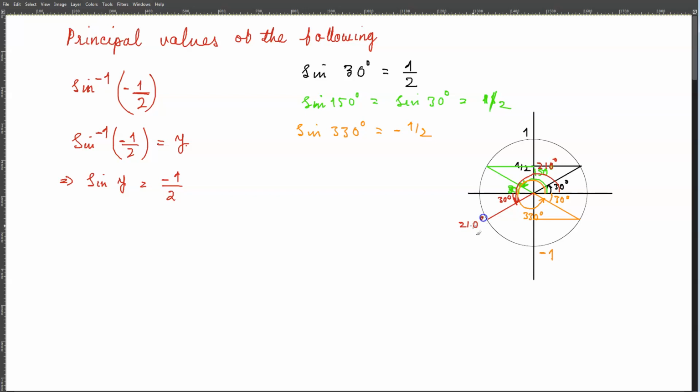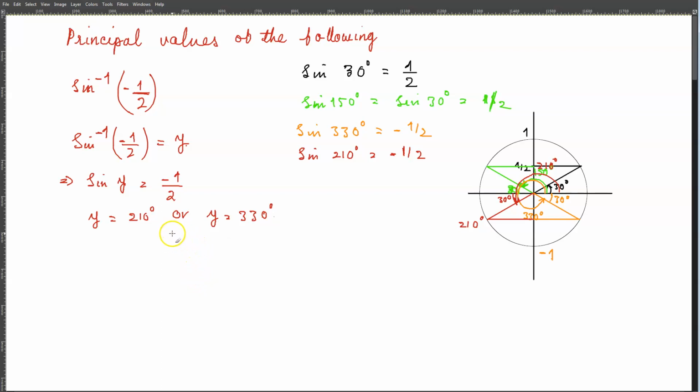That is 210 degrees, and so the value of the sine of this angle is going to be exactly the same, and so I could say that the sine of 210 degrees is equal to -1/2. So one of these two angles, meaning that, for example, over here y is equal to 210 degrees, or basically y is equal to 330 degrees, right?